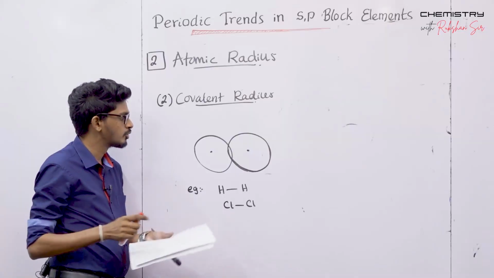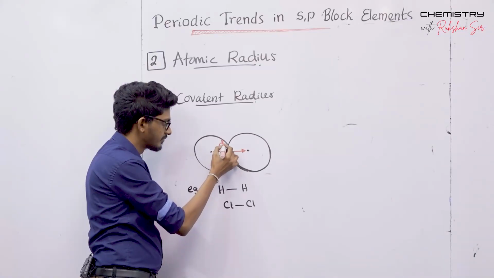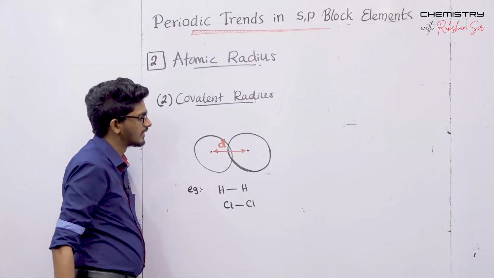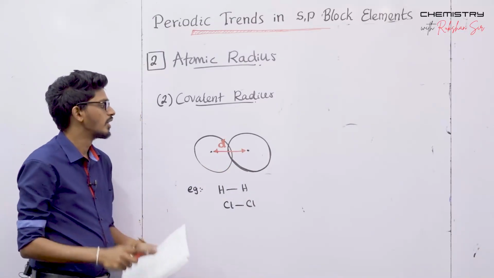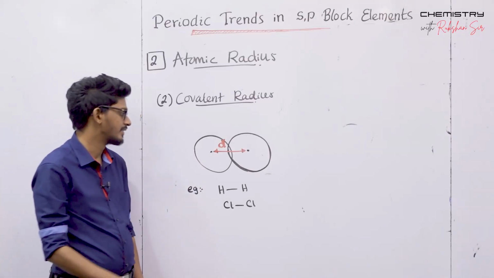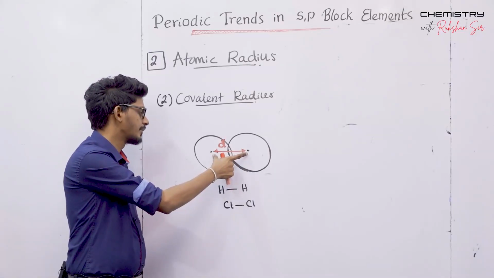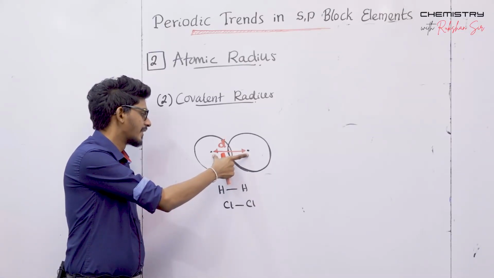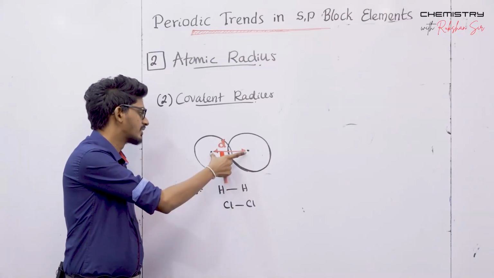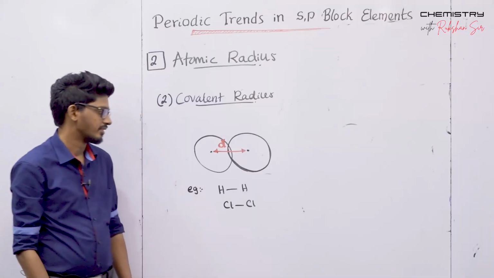You can take the distance between the two nuclei, this d. If you divide this by 2, you get the covalent radius. So that is actually half of the bond distance of a covalent bond. Half of the bond distance of a single bond is referred to as the covalent radius.